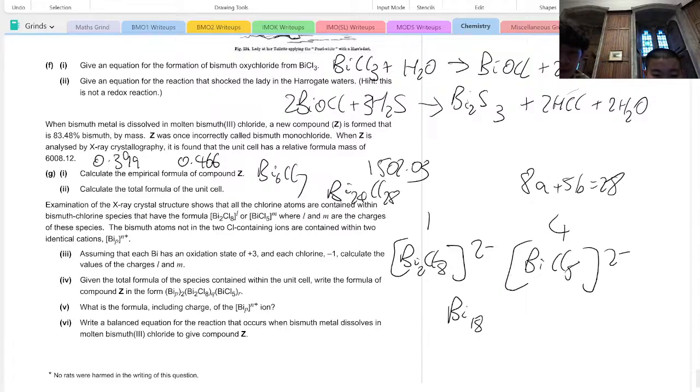No, the charges are 2 minus, 2 minus. And I'm gonna say it's Bi9, 2... I think.